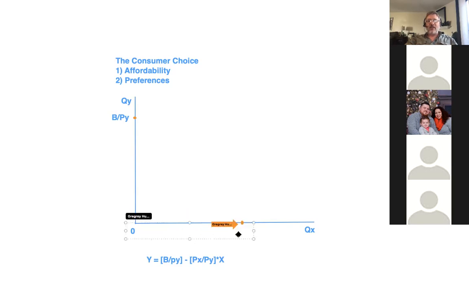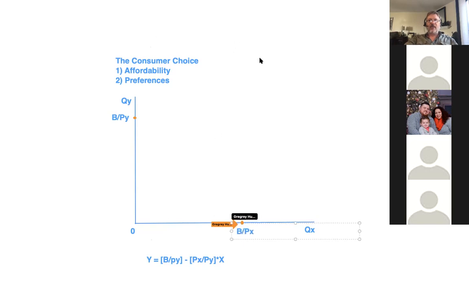Likewise, down here, if they spent all of their income on just purchasing X, this horizontal intercept is going to be the budget divided by the price of X. Okay.